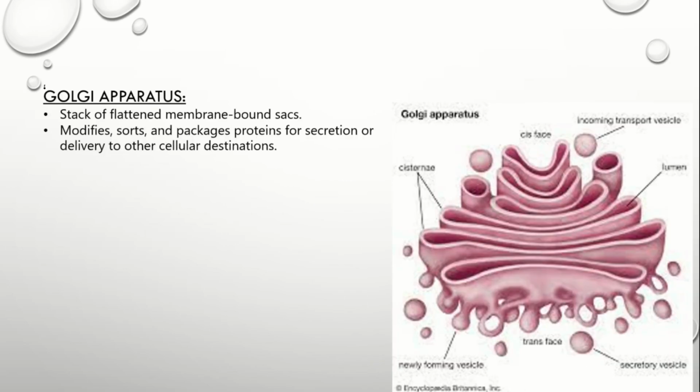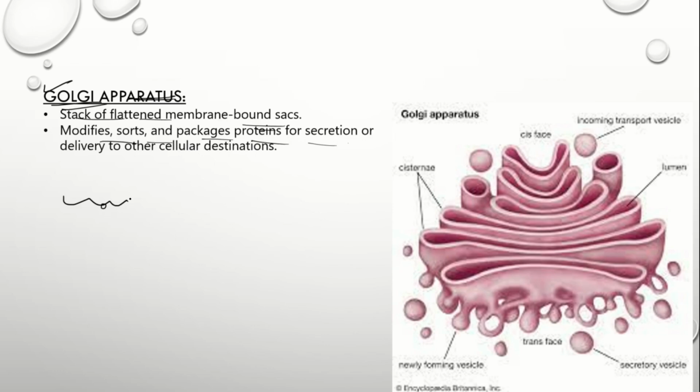Next, the Golgi apparatus. The Golgi apparatus is a stack of flattened membrane-bound sacs. It modifies, sorts, and packages proteins for secretion or delivery to other cellular destinations. For example, if a protein molecule is wrongly synthesized, humans only make errors.